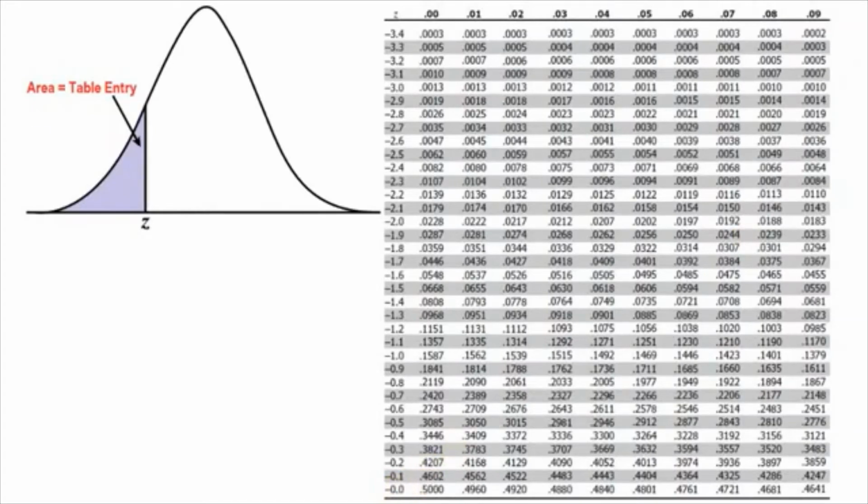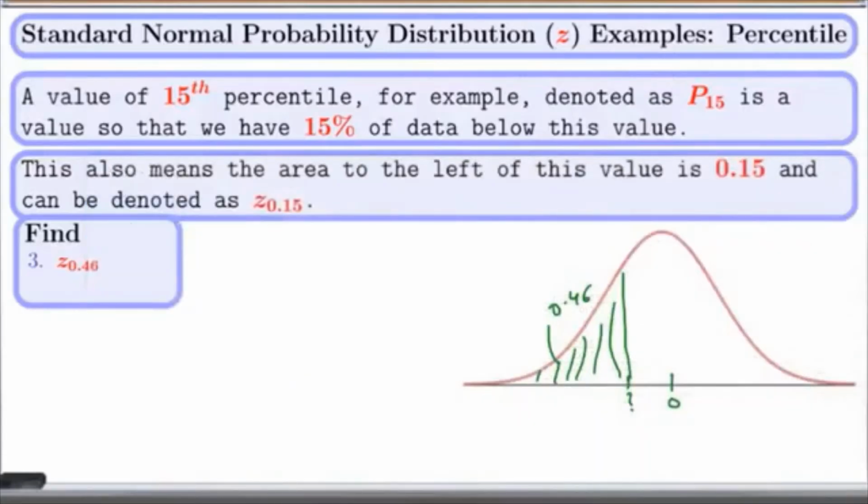So therefore, let me put that down here. Therefore, this equals negative 0.100.